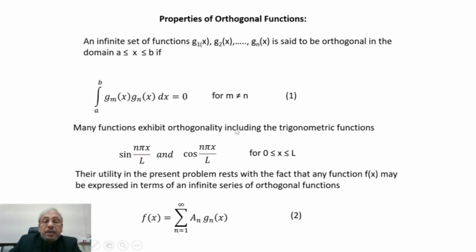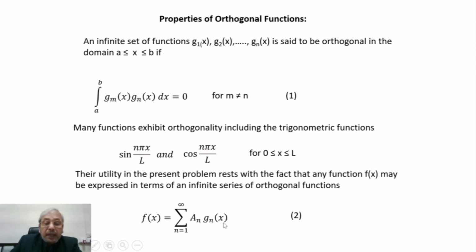Many functions exhibit orthogonality, including the trigonometric functions sin(n pi x by L) and cos(n pi x by L) for x greater than 0 and less than L. Their utility in the present problem rests with the fact that any function f(x) may be expressed in terms of an infinite series of orthogonal functions, f(x) equal to summation over n from 1 to infinity of an gn(x).